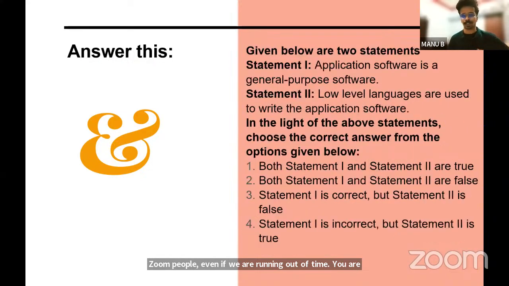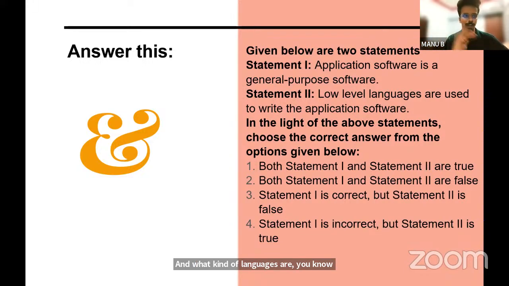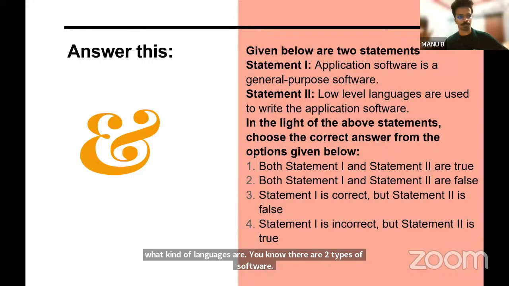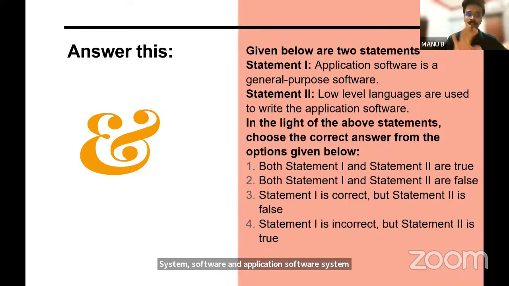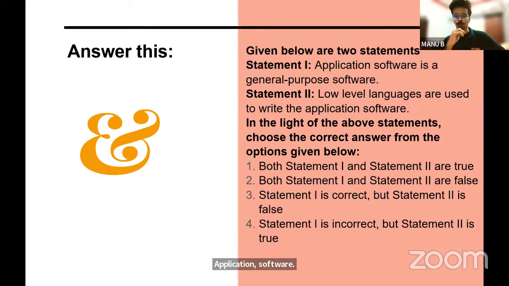Now, next question. Application software, what is it? And what kind of languages are used? You know, there are two types of software: system software and application software. System software is for system functions, application software for specific purposes. So what is application software?